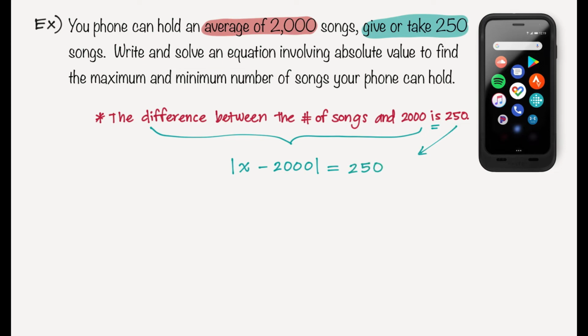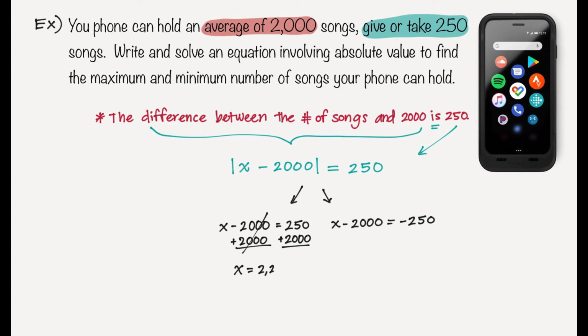So I've set up my equation, and now I can go ahead and split it up to solve. So x minus 2,000 equals 250, but also x minus 2,000 could equal negative 250. I'm going to add 2,000 to both sides to solve this first equation, and I find that x could equal 2,250 songs.